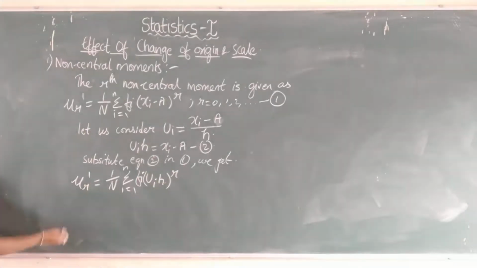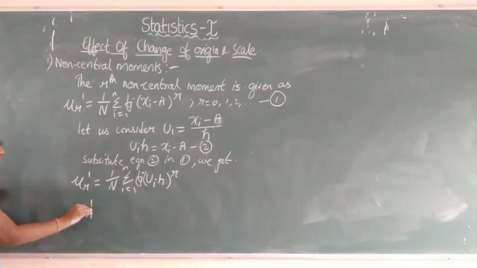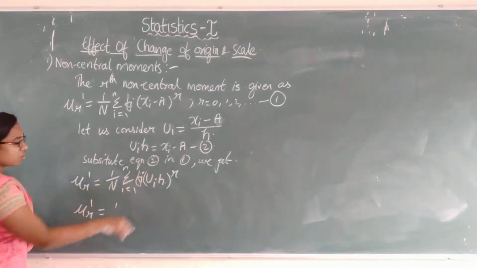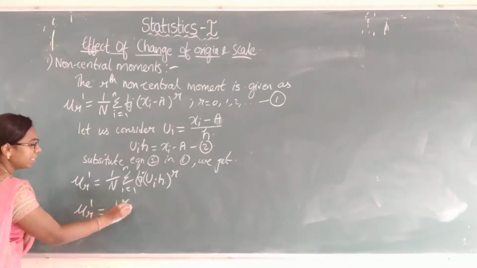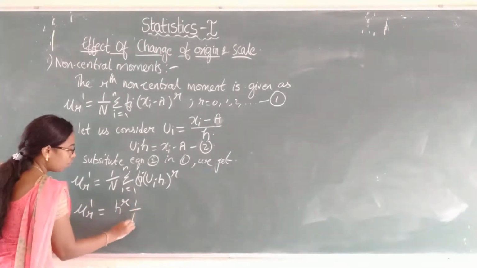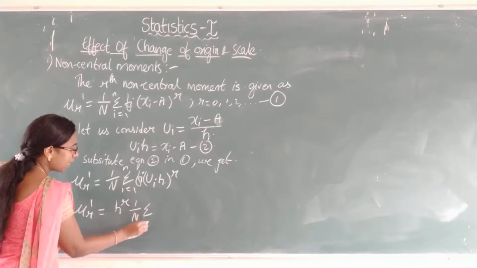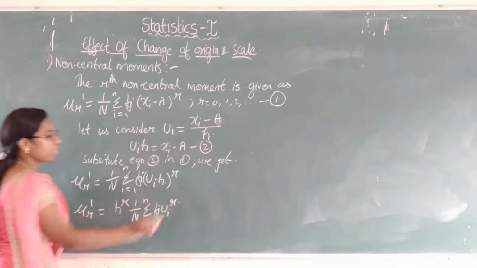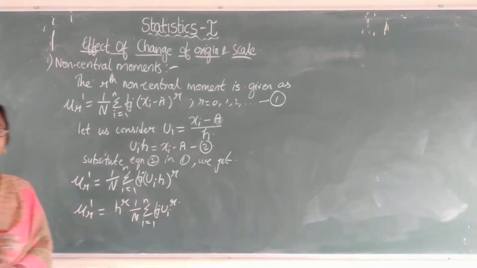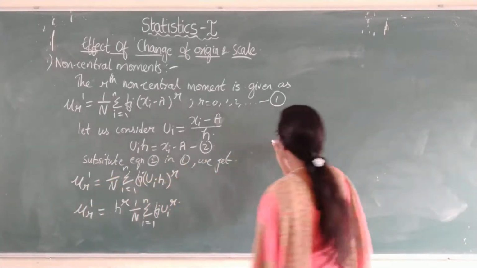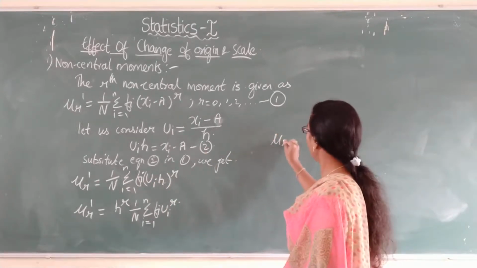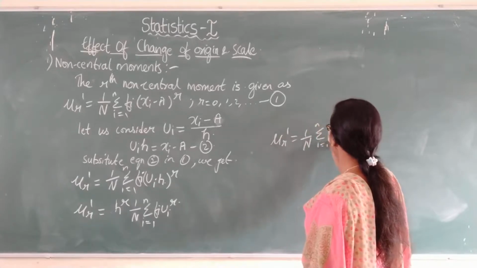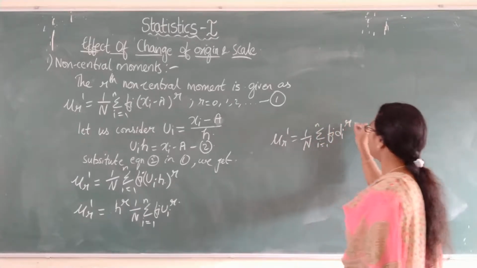So this can be written as μr dash equals, here h power r is a constant, so I am writing it outside, h power r into 1 by n summation i equals 1 to n fi into ui power r. So generally, what is the non-central moment? μr dash equals 1 by n summation i equals 1 to n fi into di power r.